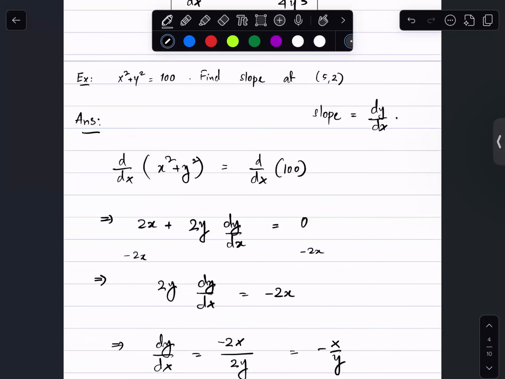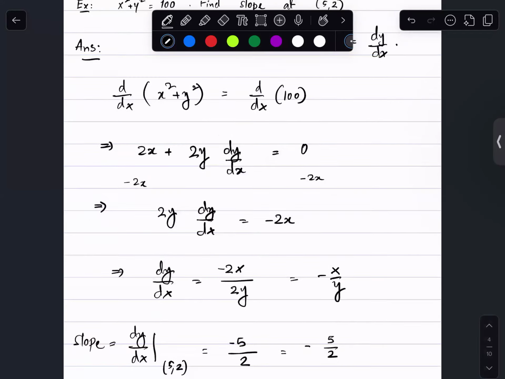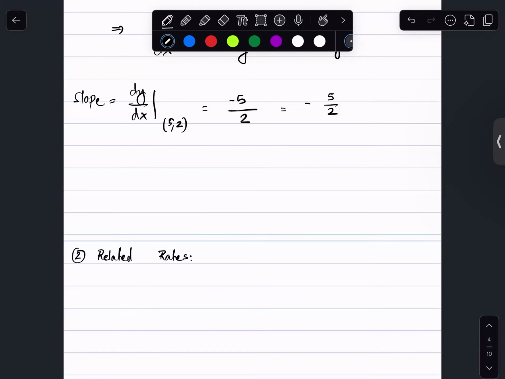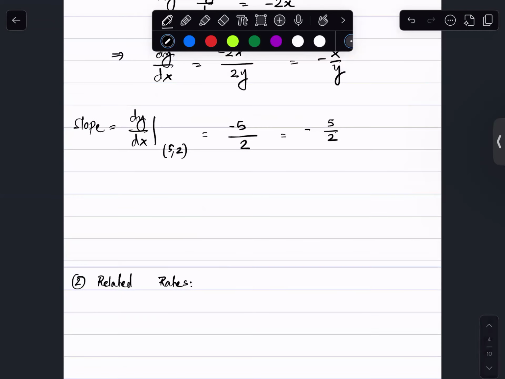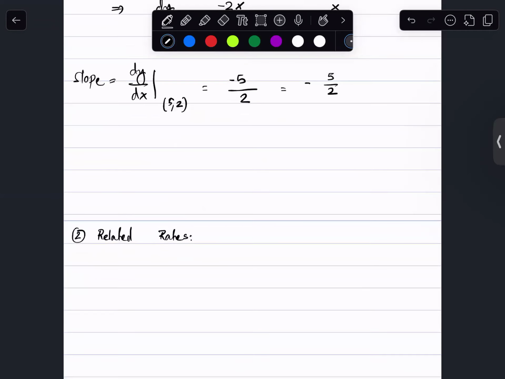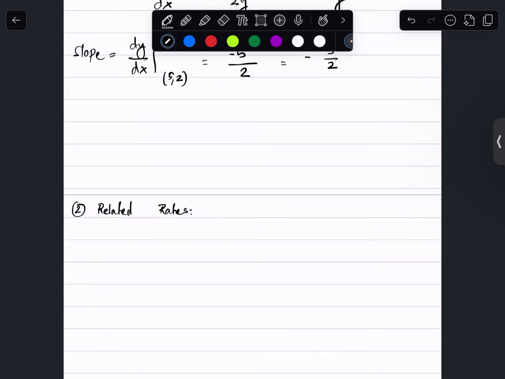Rather, this is the slope of the tangent of the circle at the point 5, 2. Okay, so this is more or less the basic stuff that you need to know for the implicit derivative.